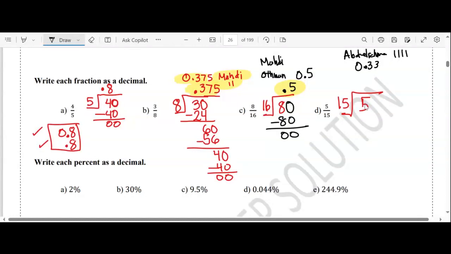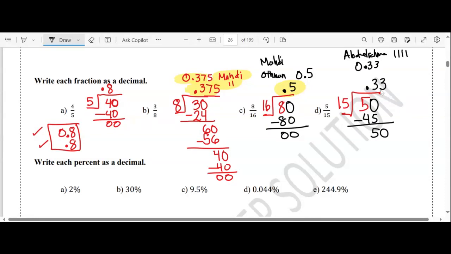So let's do it. 15 goes into 5? No. So I have to put point. Then you add 0. 15 goes into 50? 3 times, which gives you how much? 45. Subtract, you get what? 5. And then you add 0.